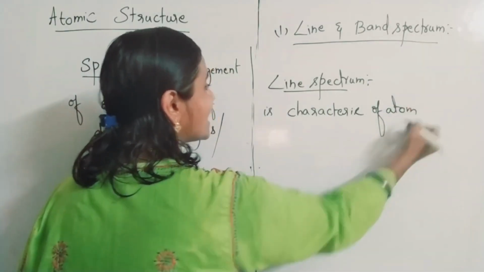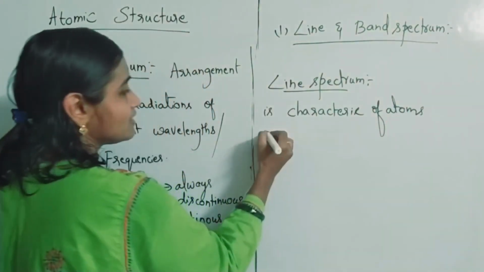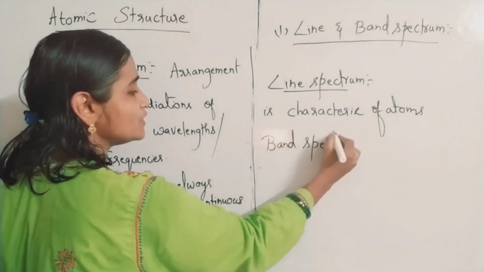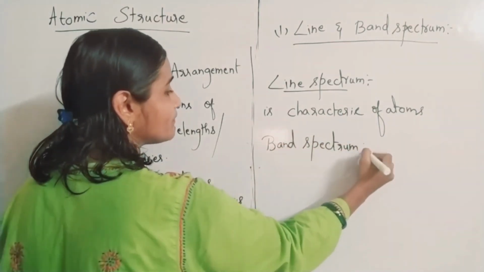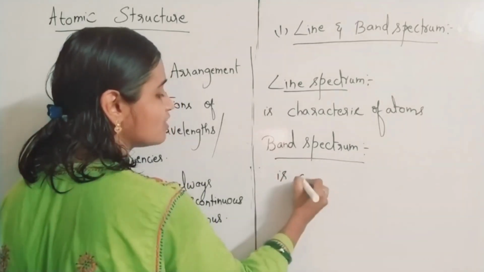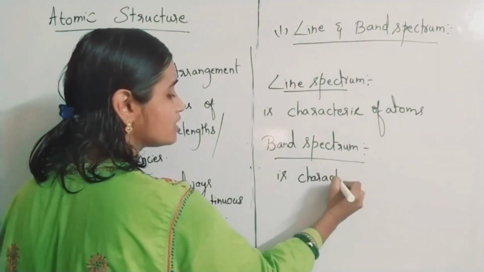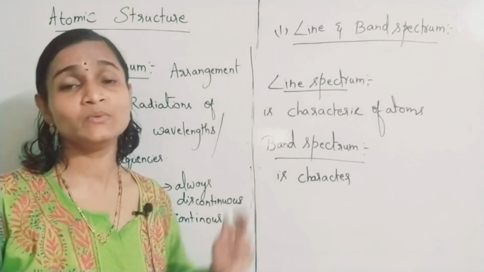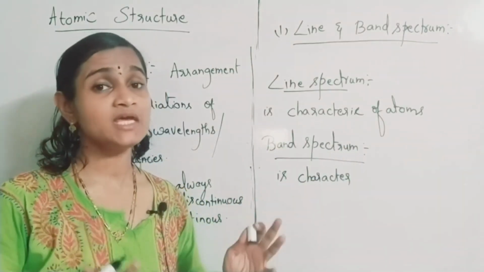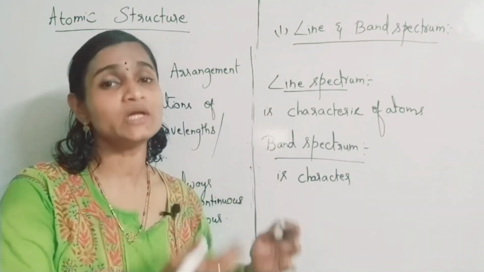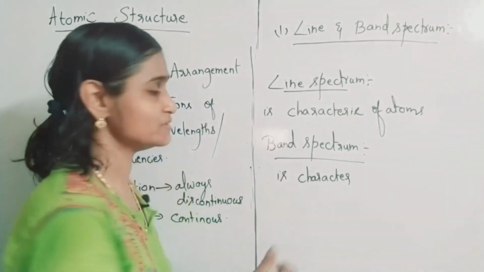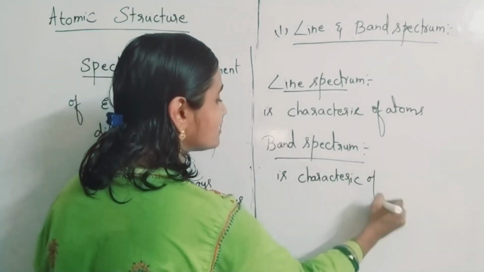Please remember: if the heated source of light is in atomic state, you will get line spectrum. If it is in molecular state or in the form of a compound, you will get band spectrum.